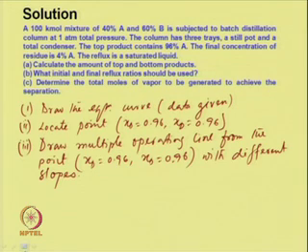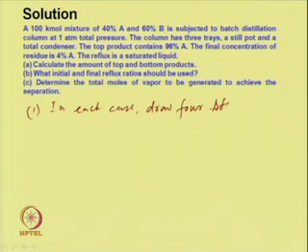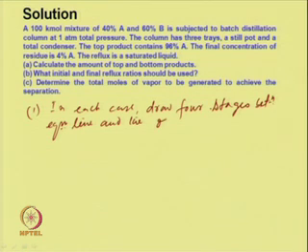And then what we have to do in each case is draw 4 stages between the equilibrium line and the operating line, and then calculate x_W.